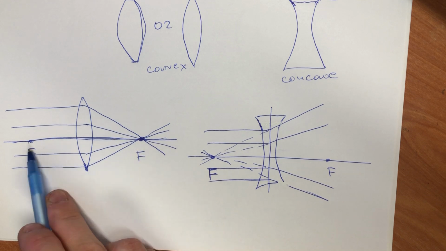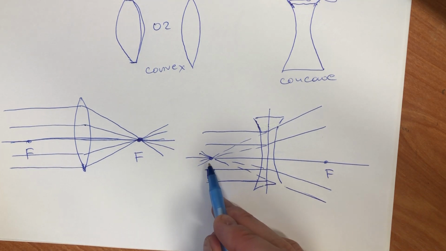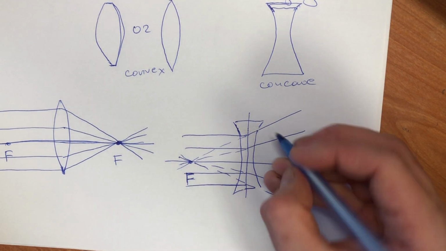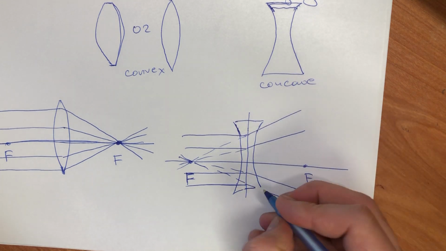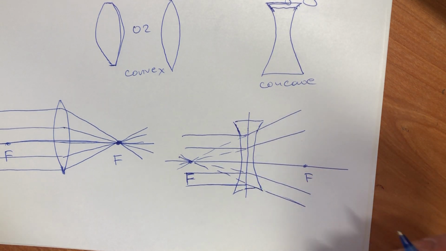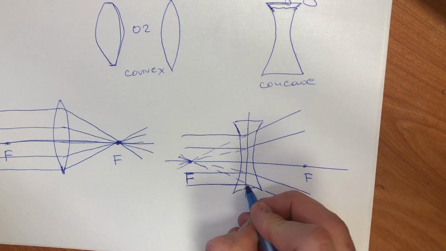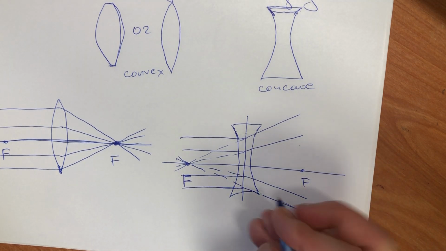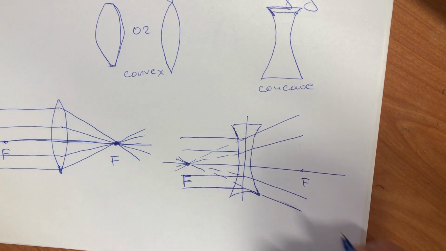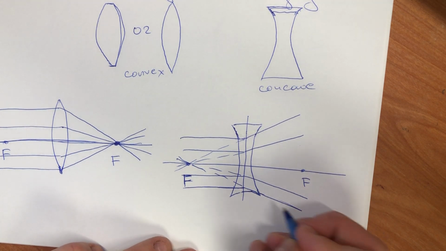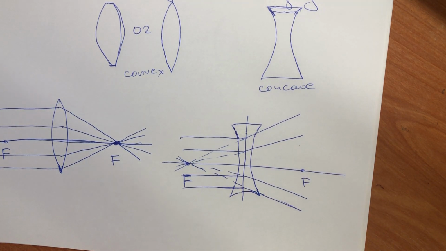This would be right, this would be left, this would be right, this would be left. Here it's on the right, here it's on the left, and that's okay with this image.